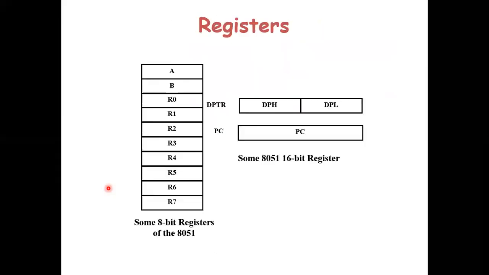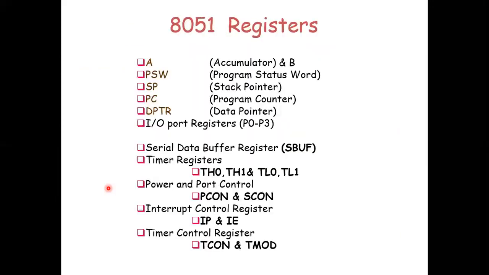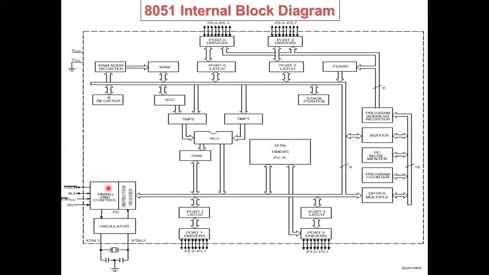These are the registers available in the 8051: A, B, R0 to R7, then DPTR and program counter. DPTR can be used as DPH as well as DPL for 8-bit processing. This is the complete architecture of 8051.